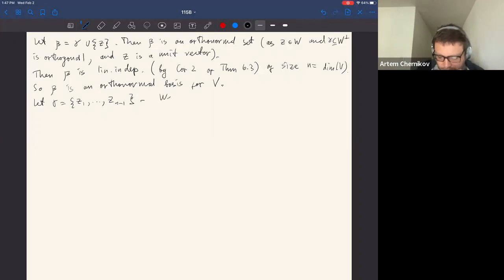Okay, so now we'll look at the matrix representing T with respect to beta. First I just spell out the definition as usual.